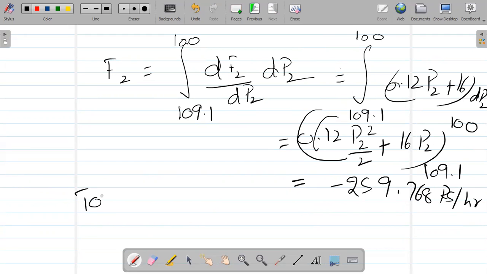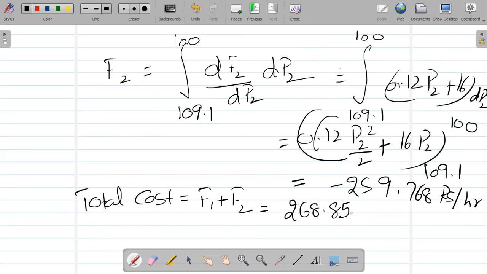So what is the total cost? Total cost equals F1 plus F2. In the first case you got 268.85 plus, or rather minus, 259.768.